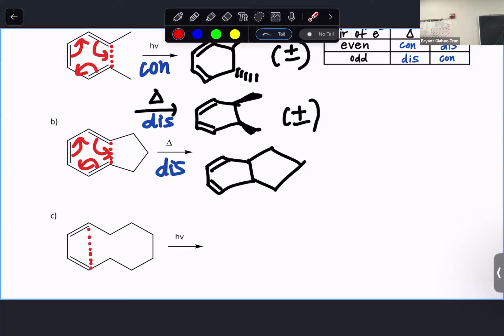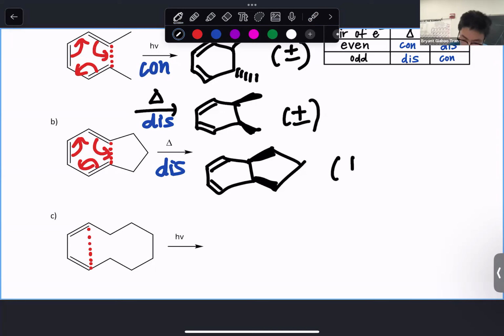So they can either be both wedge or both dash. Right. So the answer here is that we know they are cis to each other. So they could either be both wedge or both dash, which is the enantiomer of that. Right. Does that make sense?